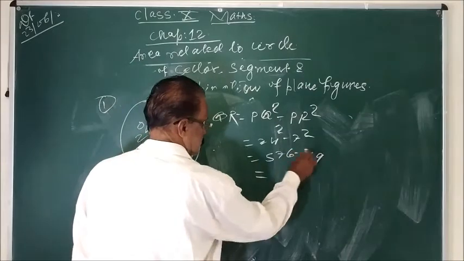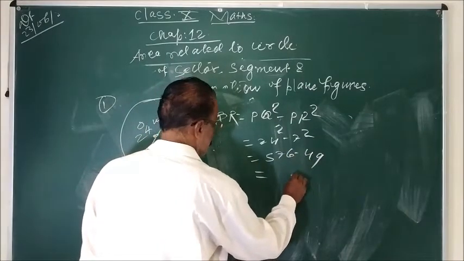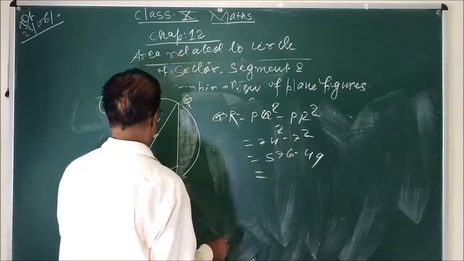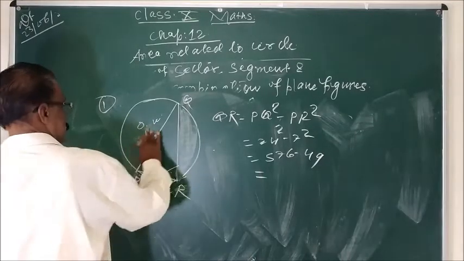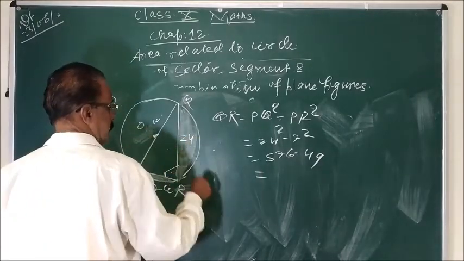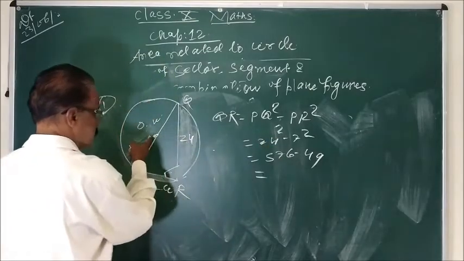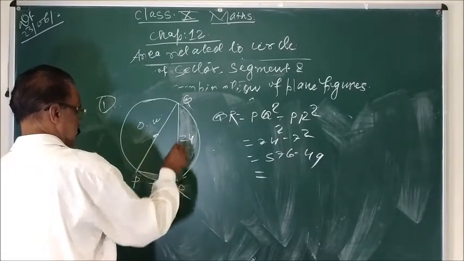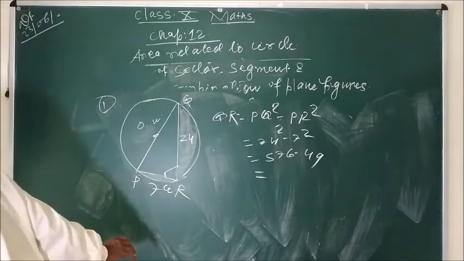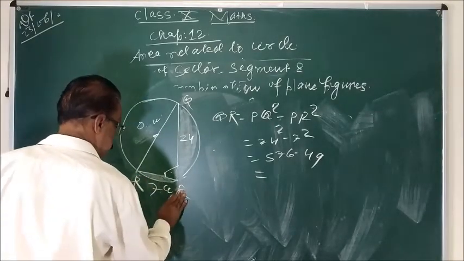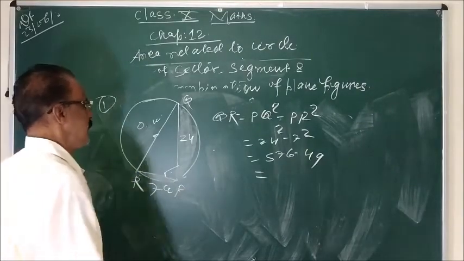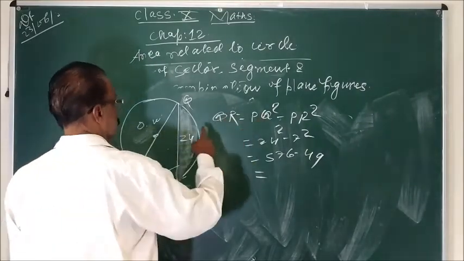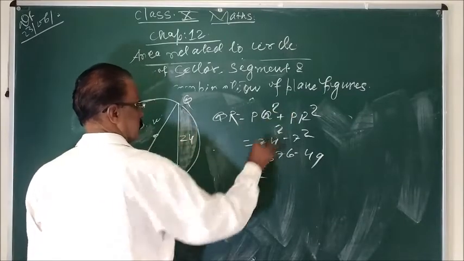So this is 7, and PQ is 24. Now this is the hypotenuse, and we have to find the hypotenuse. The name given here is R, this is R and this is P. So QR squared is equal to PQ squared plus PR squared.